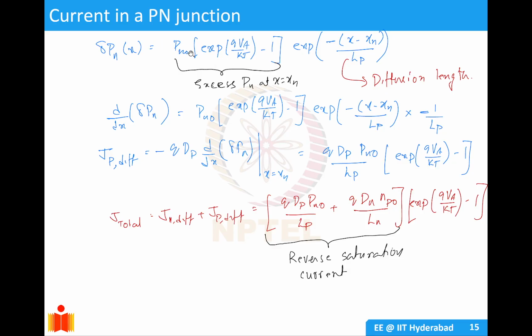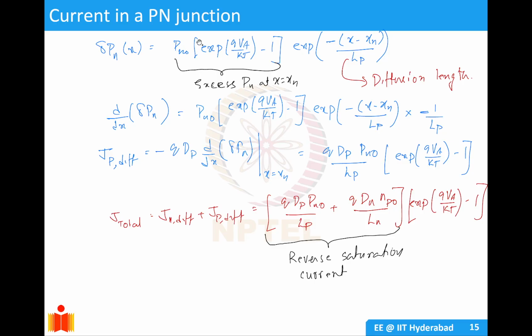That is Pn naught exponential q Va by kT, into exponential minus x minus xn by Lp, and from this you will subtract your base value, which will be Pn naught. Hence there's a minus one here, because you have to calculate only the excess value. Only the excess value you want.